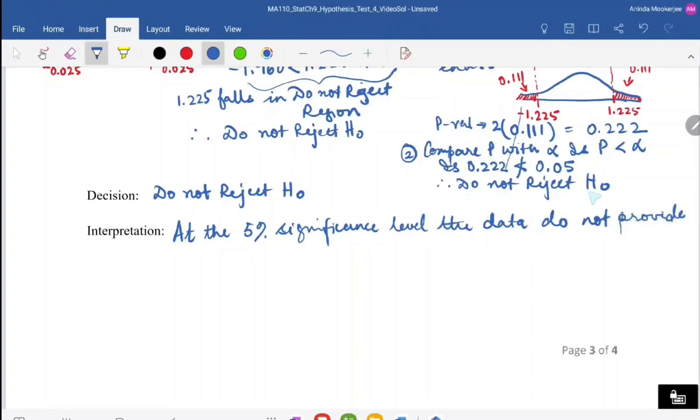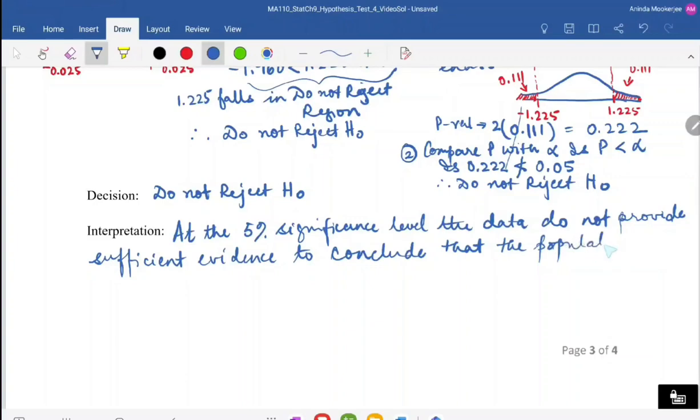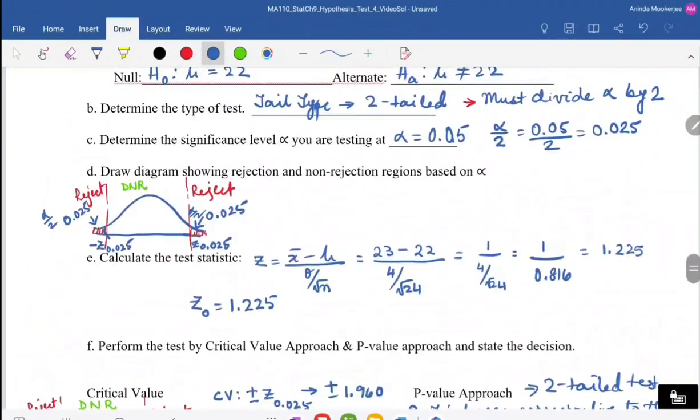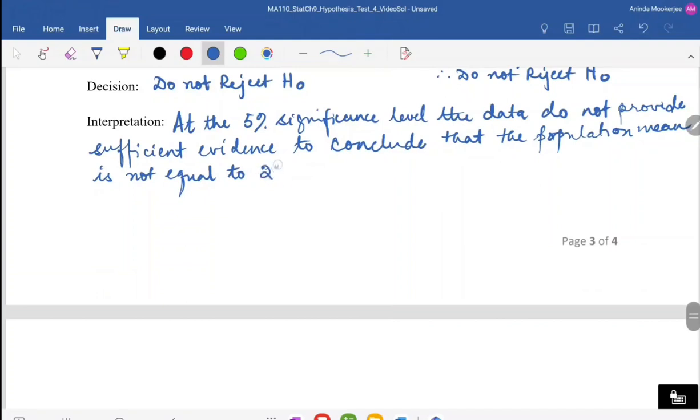So when it is a do not reject decision, you have to say the data do not provide sufficient evidence to conclude whatever the alternate hypothesis was stating, to conclude that mu, the population mean, is not equal to 22, yes. Not equal to 22.